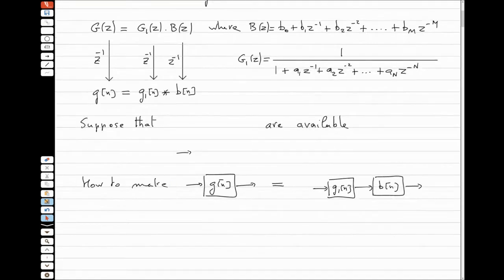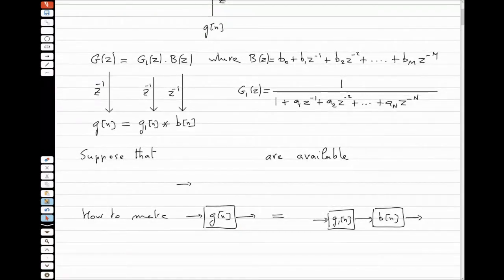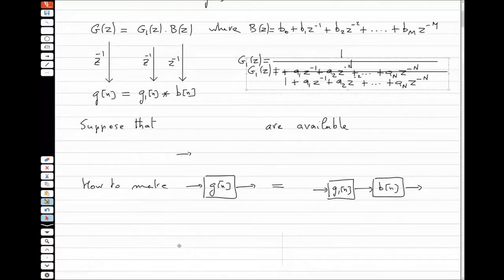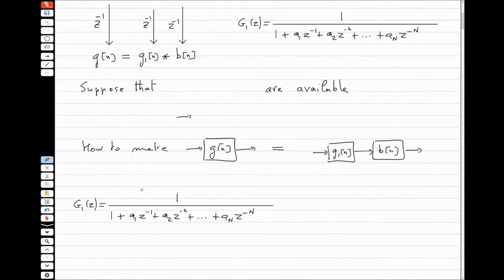All right. So no, it doesn't matter, because convolution is commutative. Now, the question is how to make these systems. So this system has transfer function G1 of Z. Do you know what system has this transfer function?